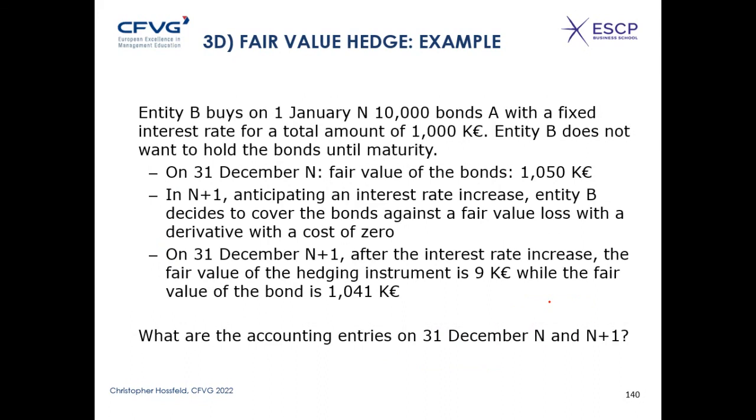So we have a cost for conditional derivatives such as options, where I need to pay an option premium at the beginning, or for credit default swaps, where I need to pay premiums like an insurance premium actually. But here we assume we use a derivative that has a cost of 0.